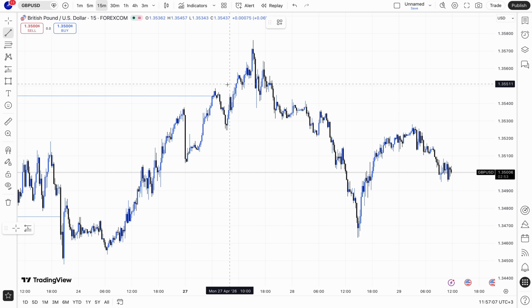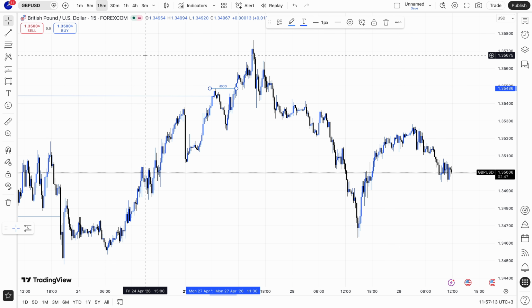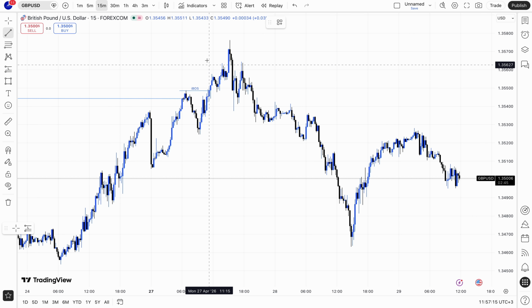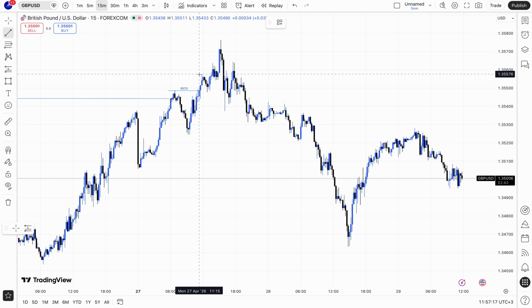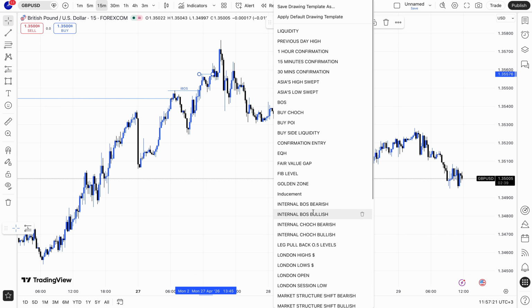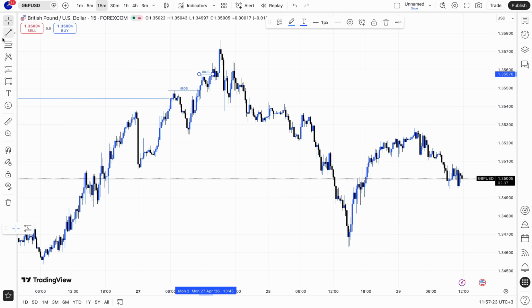Then from here I had a continuation break of structure to the upside. Then you had the continuation break of structure to the upside. And then you had a change of character to the downside from here.